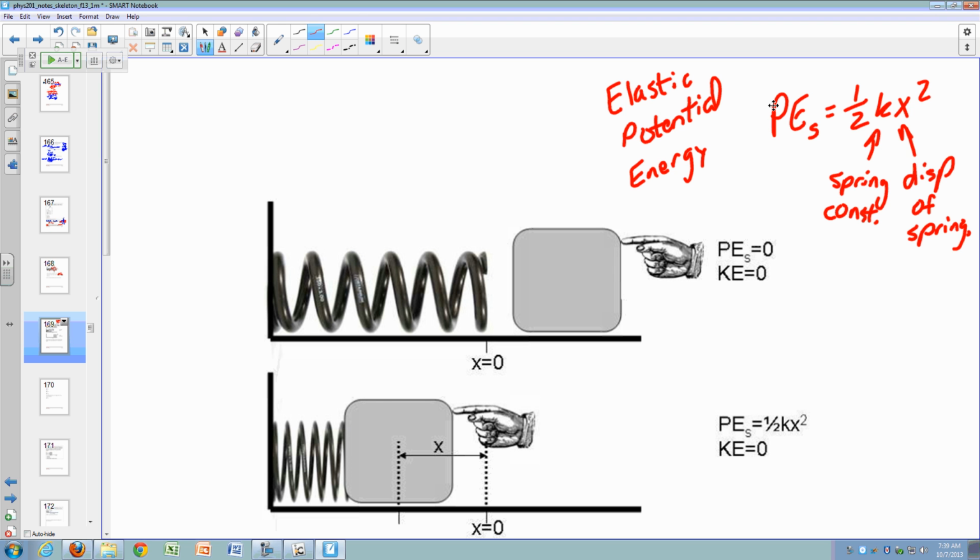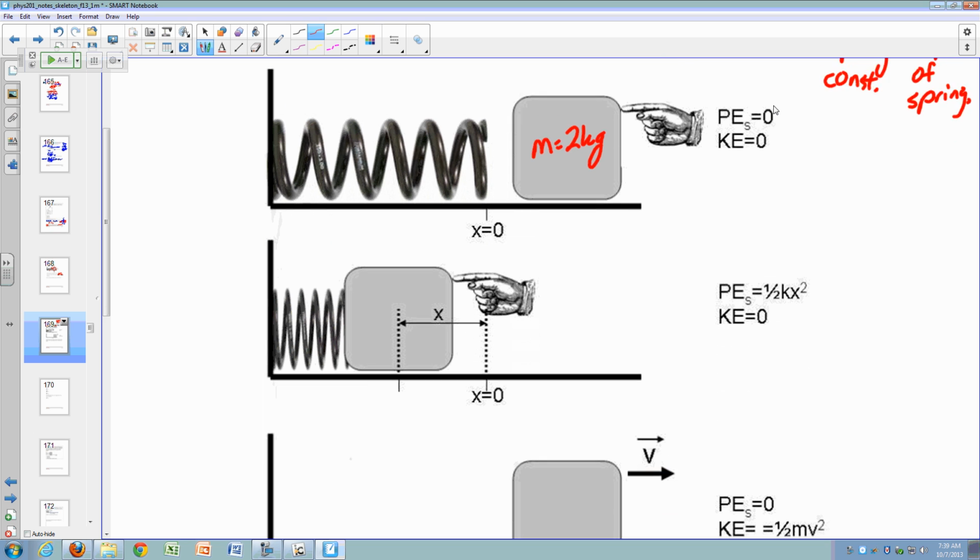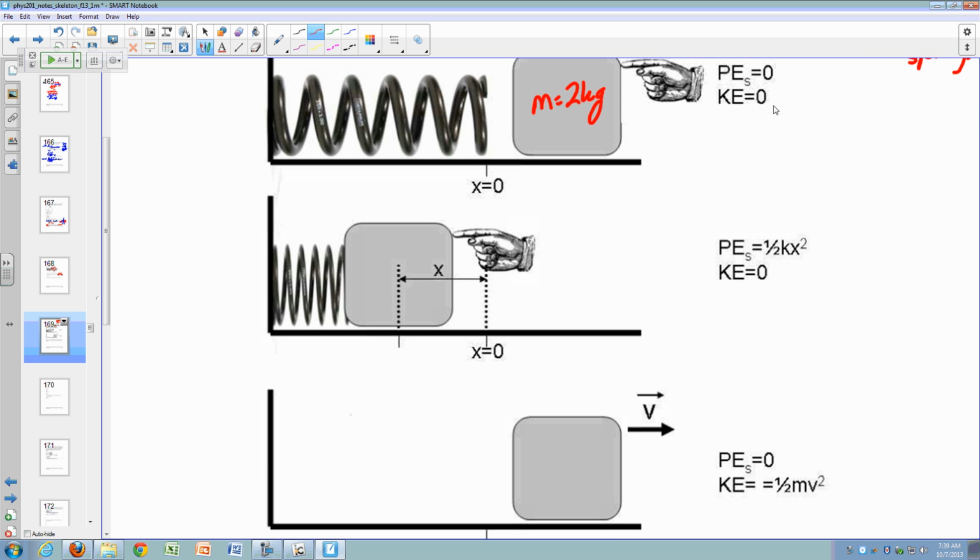All right, so say for example I had this object. Let's put some numbers in just for an example. Let's say that the mass of this object is equal to 2 kilograms. Initially, it has no elastic potential energy, and it has no kinetic energy because it's not compressing the spring and it's not moving. And then I cause it to compress the spring.